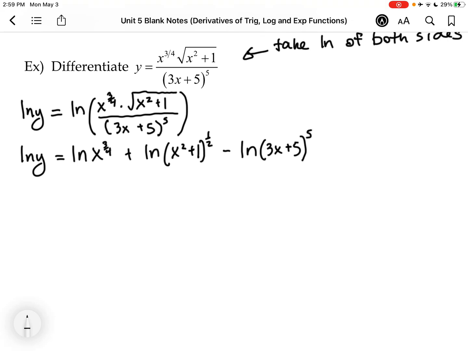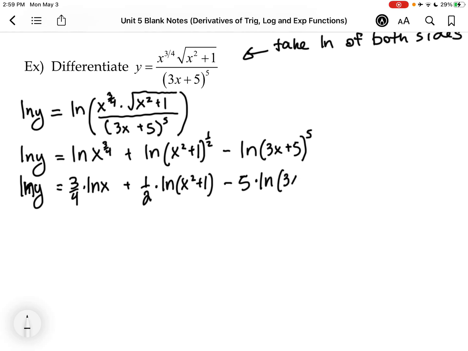Okay, and now I'm going to go even a step further and use my power rule to bring all of these powers in front of the logarithms. So I'll have ln y equals 3/4 times ln x plus 1/2 times the ln of x squared plus 1 minus 5 times the ln of 3x plus 5.